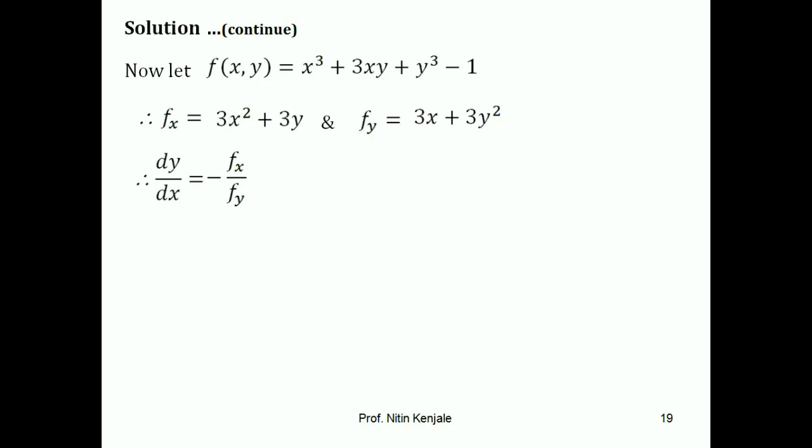By the formula it is minus fx upon fy. Substituting values for fx and fy, we get dy/dx as minus (3x square plus 3y) whole divided by (3x plus 3y square).